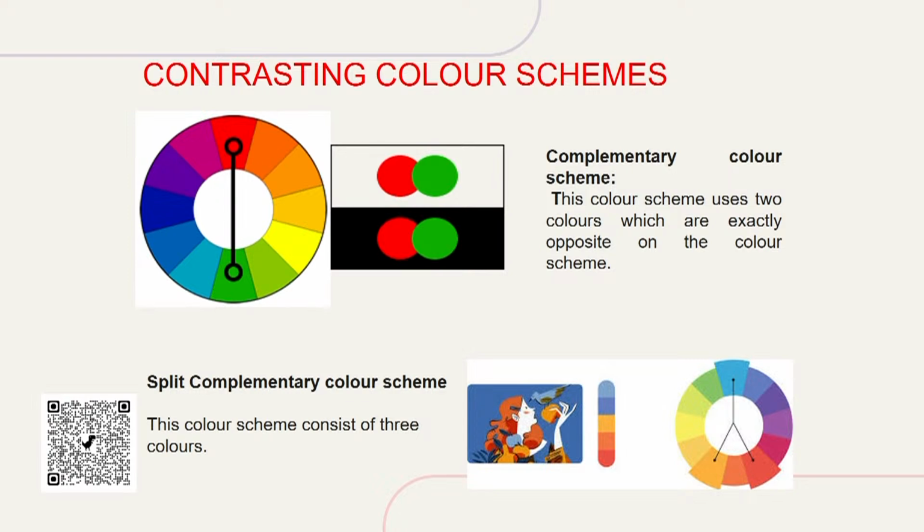So we are splitting the color. Here you will notice that blue, orange, yellow and red orange are the colors combined to create this painting. So contrary to the complementary color scheme, split complementary consists of 3 colors.